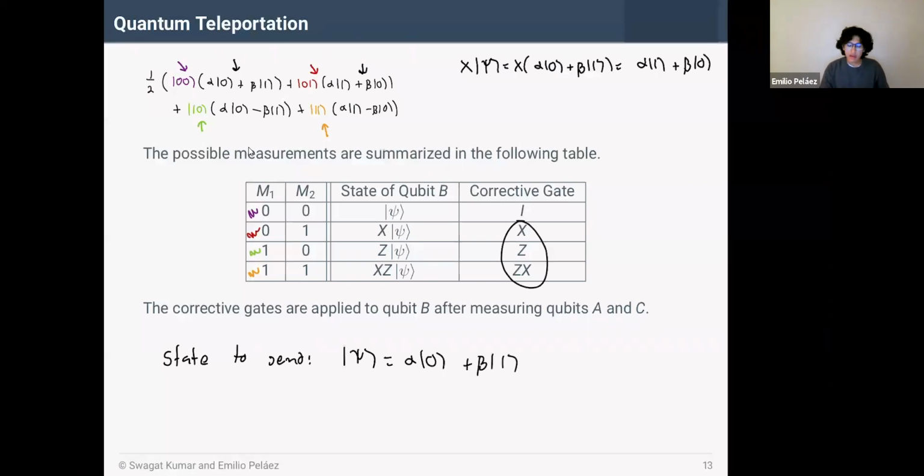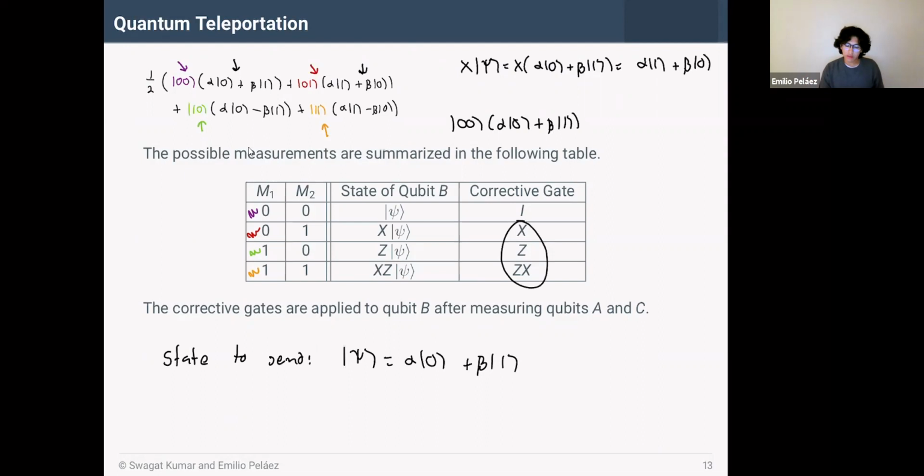So that's what we want to have in qubit B. So if we measure 0, 0, that collapses the state to the one in purple. So that's 0, 0, alpha 0 plus beta 1. In that case, this is already psi. That's what we wanted to send.